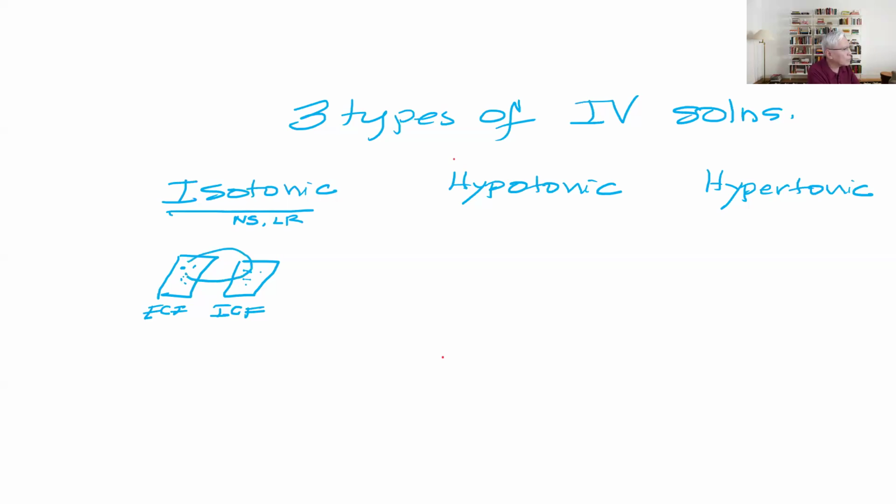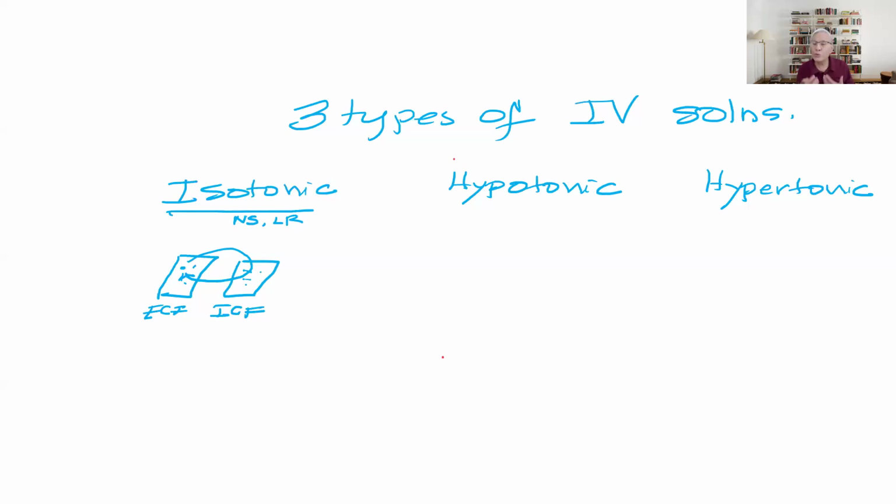So it goes from intracellular to extracellular to intercellular, and so on and so forth. So the movement of the water is going to be between intracellular and extracellular fluid compartment.